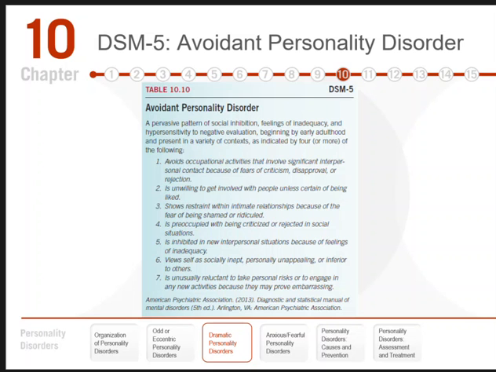It's unwilling to get involved with people unless certain of being liked. Shows restraint within intimate relationships, just out of fear of being shamed or ridiculed. So they're very protective, very avoidant of any chance. It's not avoidant of people so much as avoidant of being rejected. And inhibition in new interpersonal situations. So you can see that's clear.